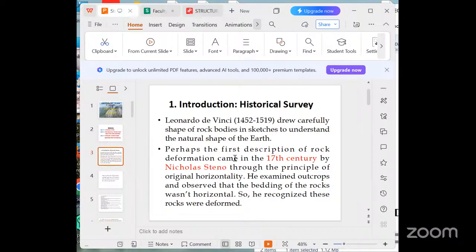Now we are going to the introduction briefly, that is about the history of structural geology, right?